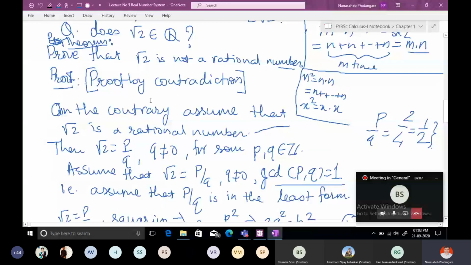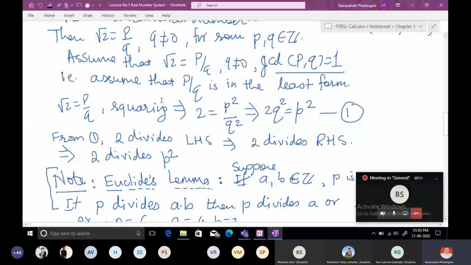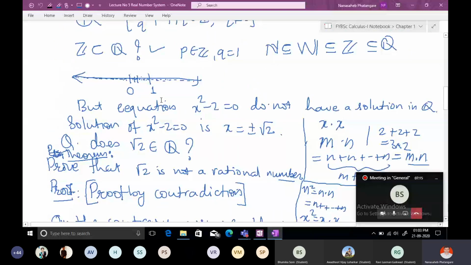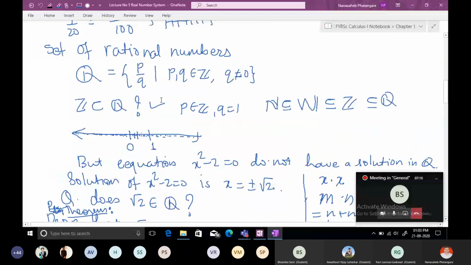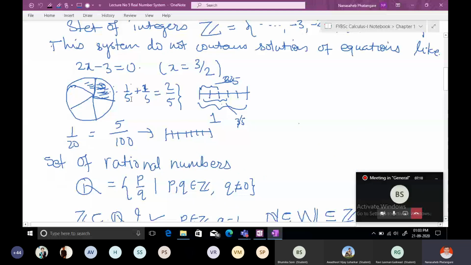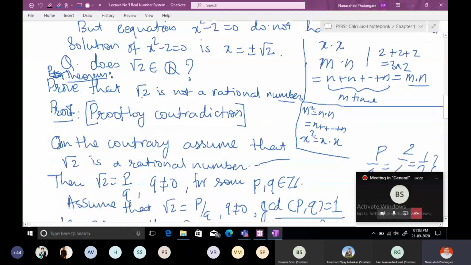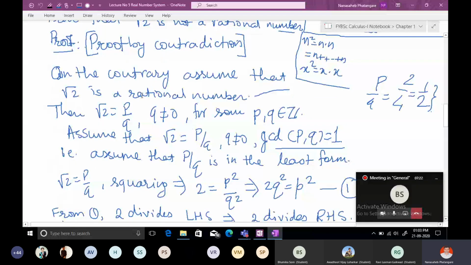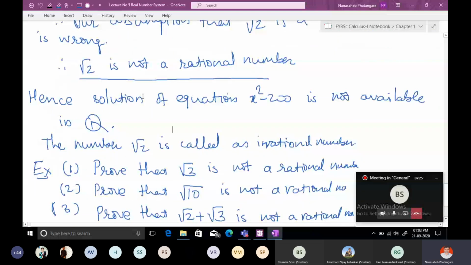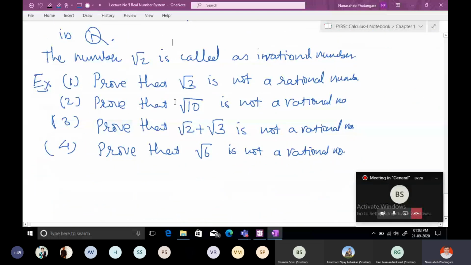Those are called rational numbers, right? And then we found that there are some numbers which are not rational numbers, like root 2, root 3, and so on. This is what we were talking about last time, right? So is it clear?